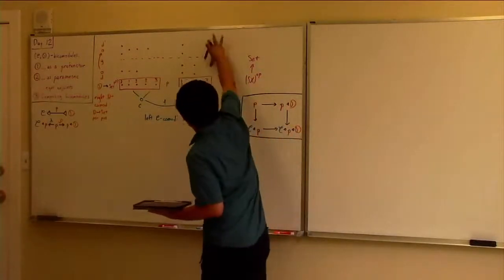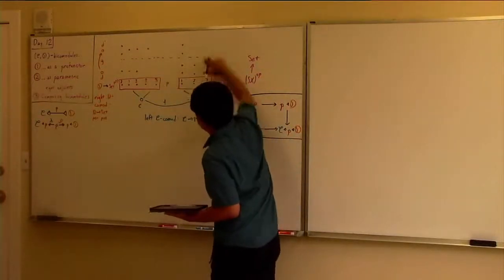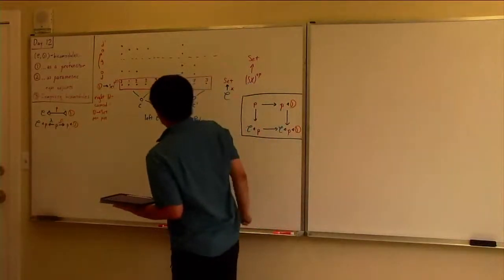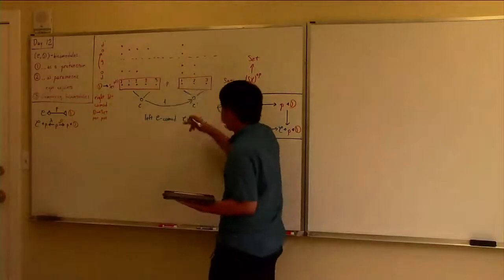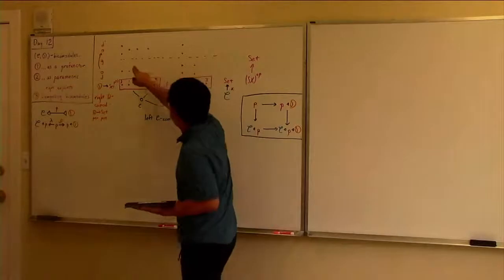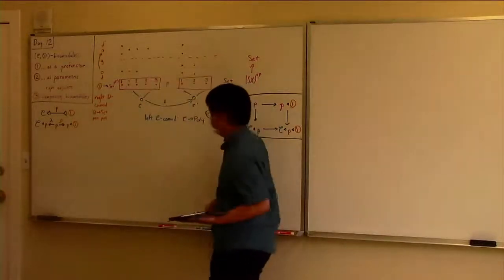And similarly, we've assigned another polynomial to this object C prime. But since we want a functor, we want every morphism in our category C to correspond to a morphism of polynomials.